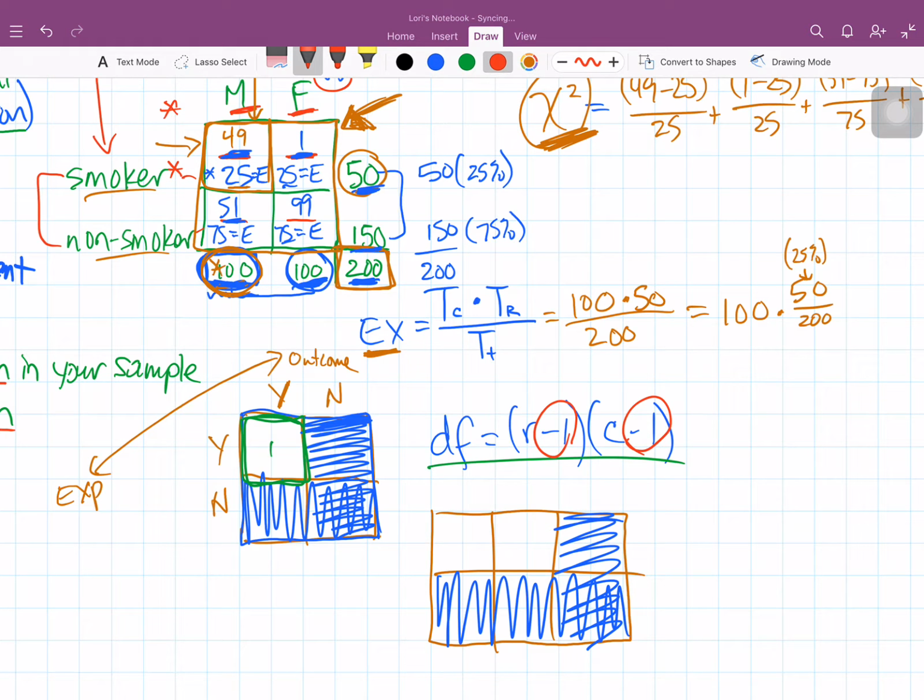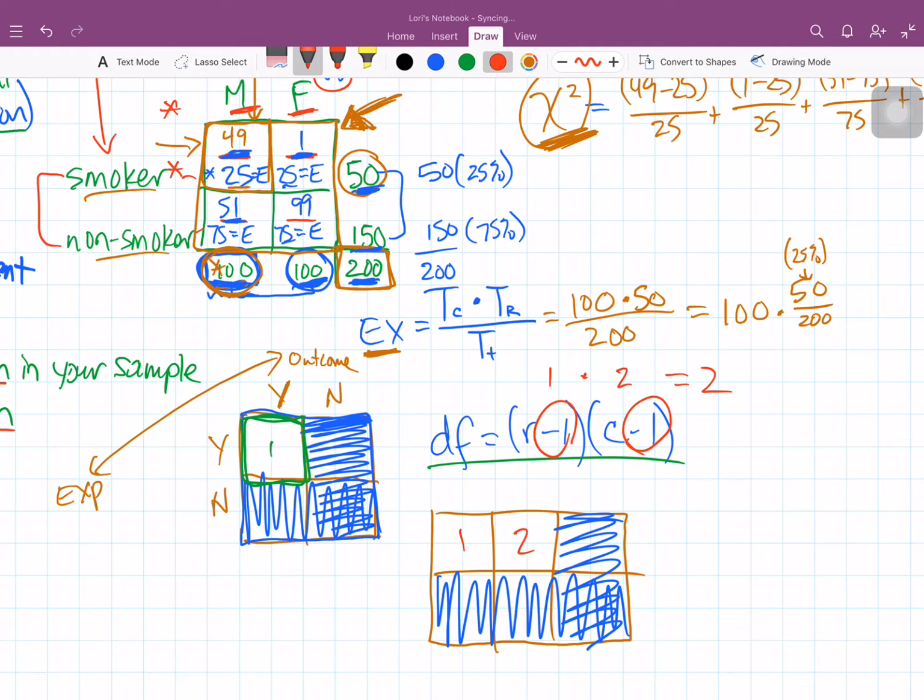So we end up with 2 rows minus 1, which is 1, times 3 columns minus 1, which is 2. So 1 times 2 is equal to 2. And here's our 2 degrees of freedom. And so it works out really nicely whether you like to do that visually or whether you think about it more in terms of a mathematical equation.